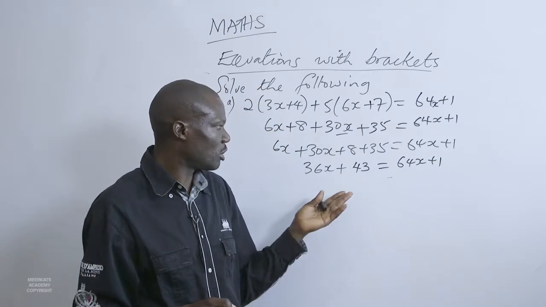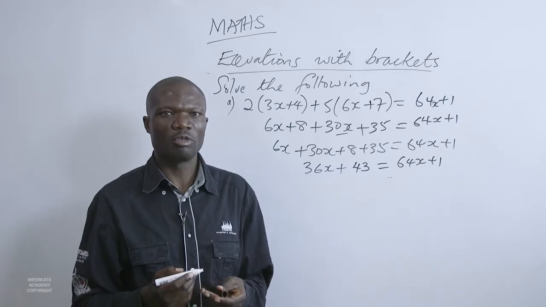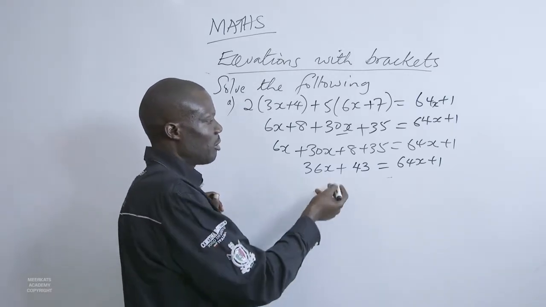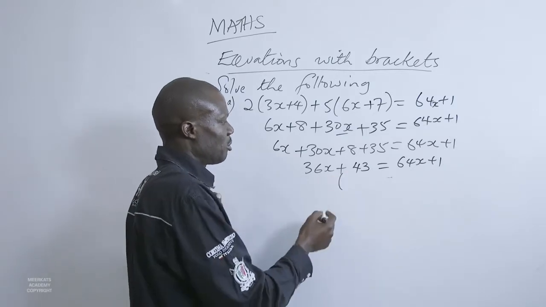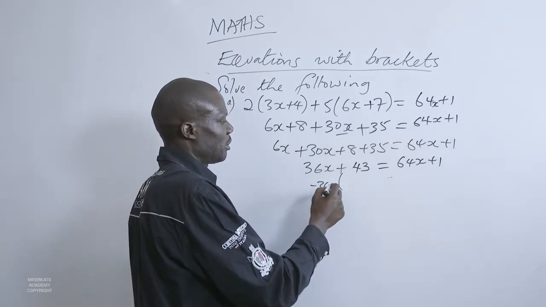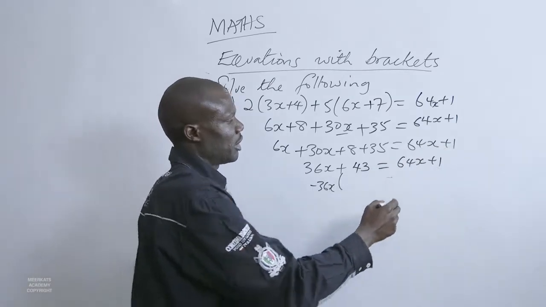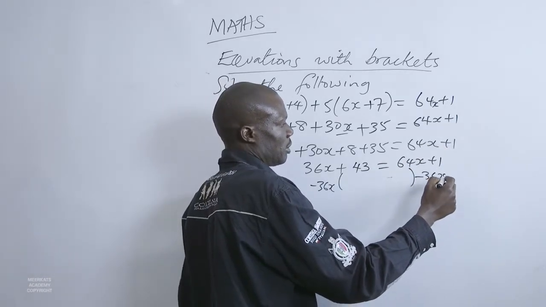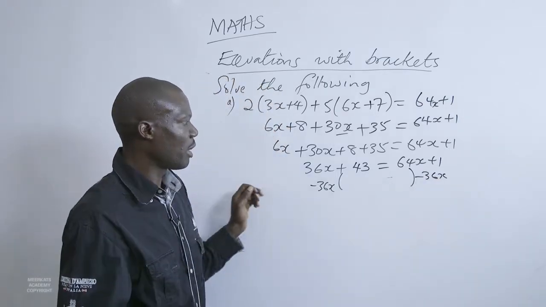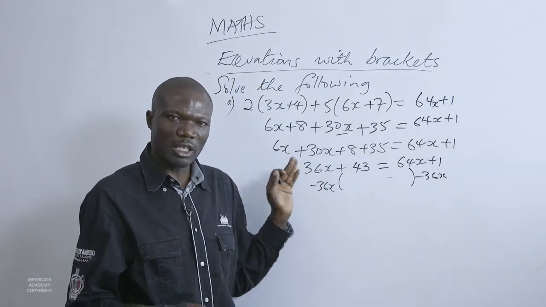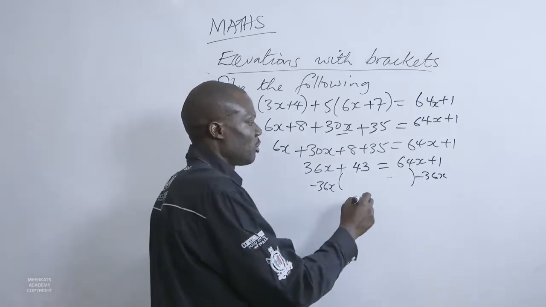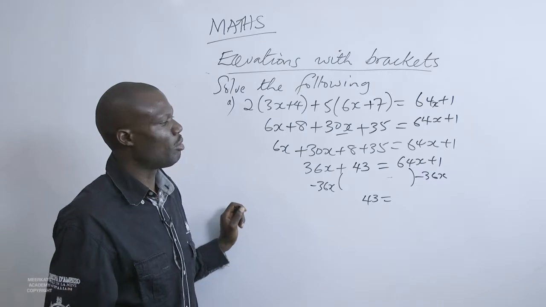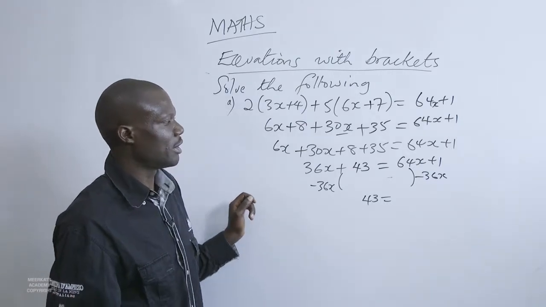We need to resolve this by removing the pronumerals from one side. So this time let me use the other side. Let me subtract 36x so that we remain with a known on the other side. Subtract 36x. 36x minus 36x plus 43, we shall have 43 here, is equal to 64x minus 36x.